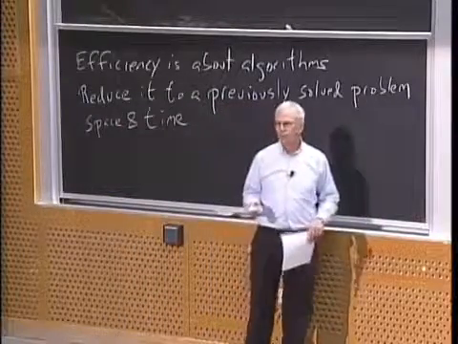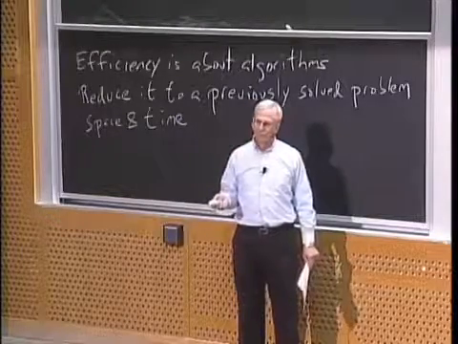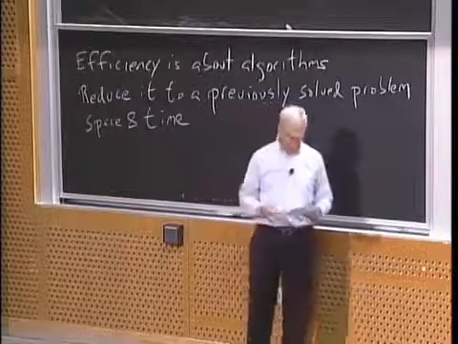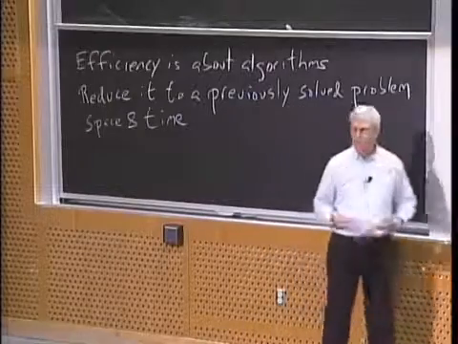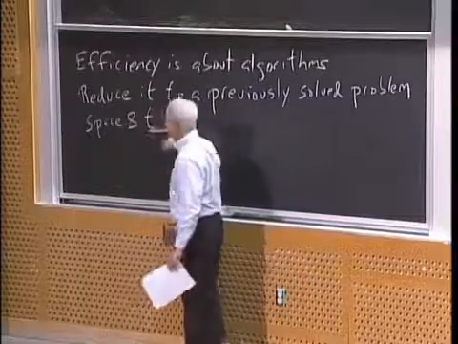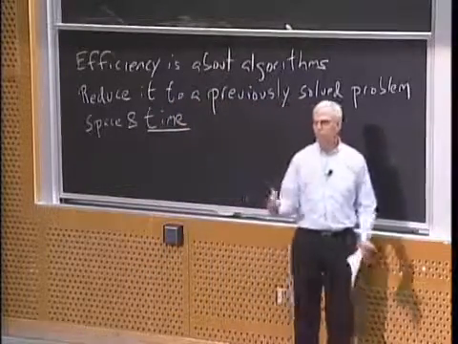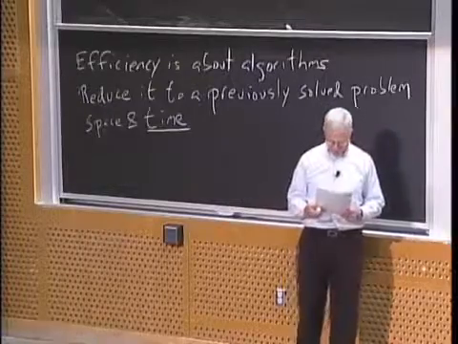We can make a program run faster by using more memory, or use less memory at the cost of making it run more slowly. For now, in the next few lectures, I'm going to focus on time, because really that's mostly what people worry about these days when they're dealing with complexity.